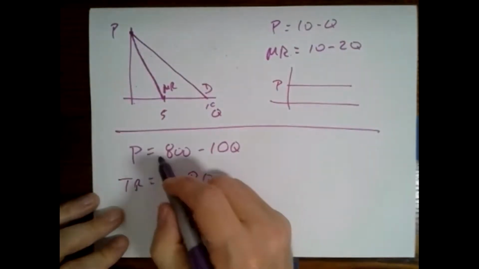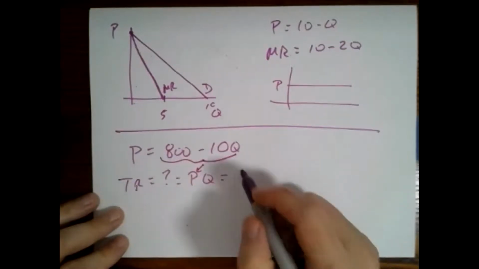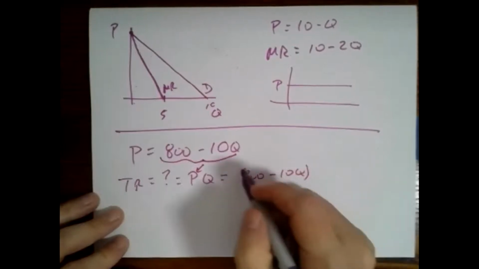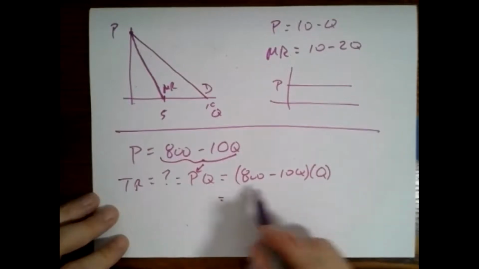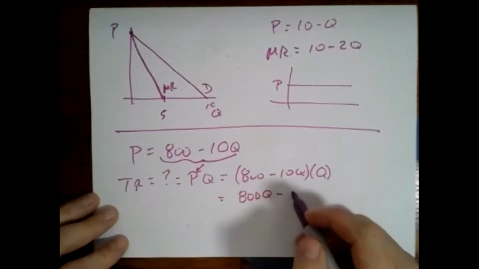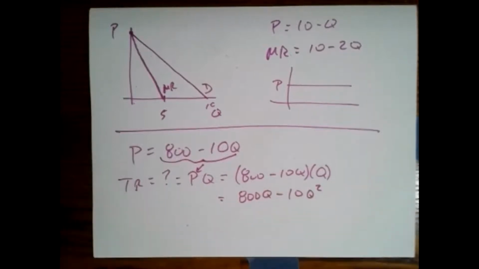So we're going to take this and substitute it in for price. So we'll get 800 minus 10Q times Q. And so then we just multiply the Q through and we get 800Q minus 10Q squared. So that's what you're going to have to do for this chapter.